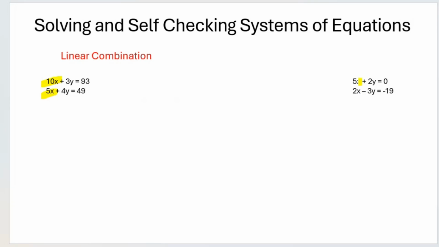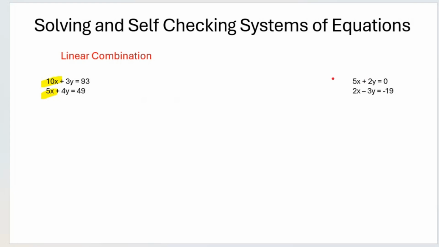But if I look over here, 2 doesn't easily multiply to 5. 2 doesn't easily multiply to 3. So I need to multiply both equations. It doesn't matter which variable you're trying to eliminate.